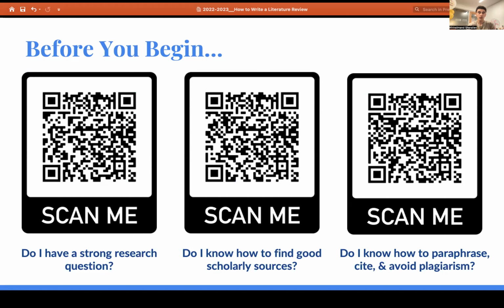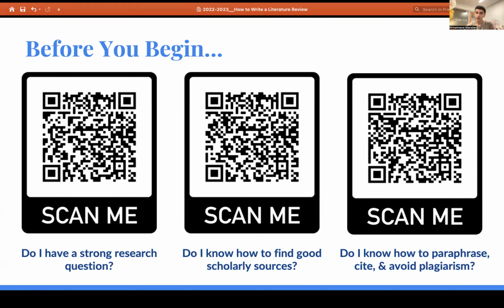For example, the first workshop here is about a research question, right? On how to come up with a good research question and how to identify that your research question is good enough. And the second is about finding scholarly sources, right?